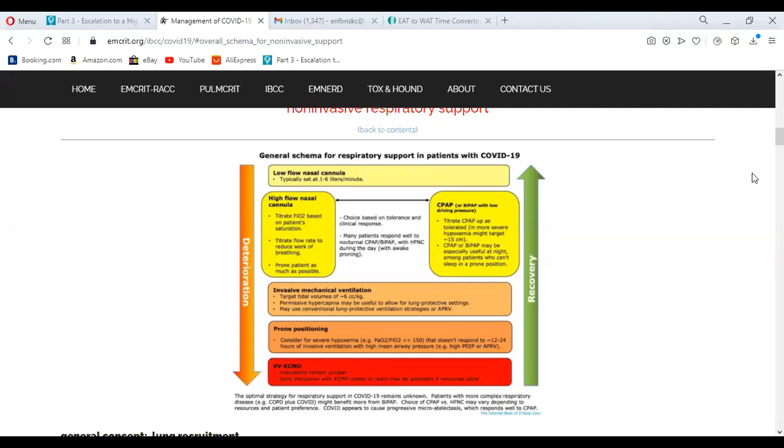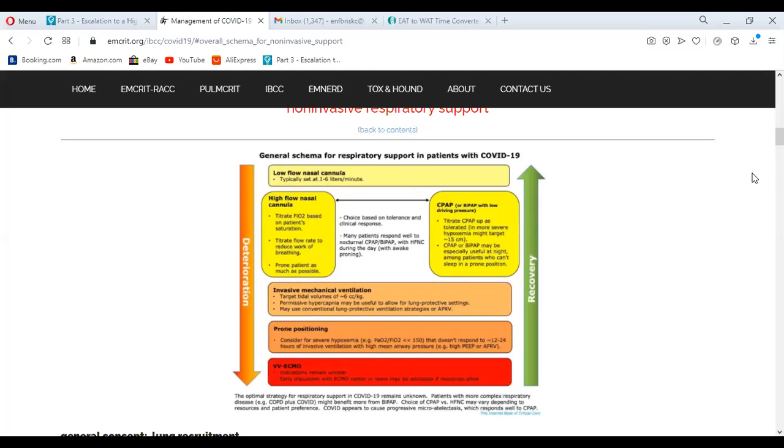However, for this particular patient of ours, his presentation was initially moderate. Now it's becoming severe, and that's why there is need for us to escalate oxygen therapy. And as you can see here, always you move from a low flow nasal cannula, which is usually the initial therapy, to a high flow nasal cannula.